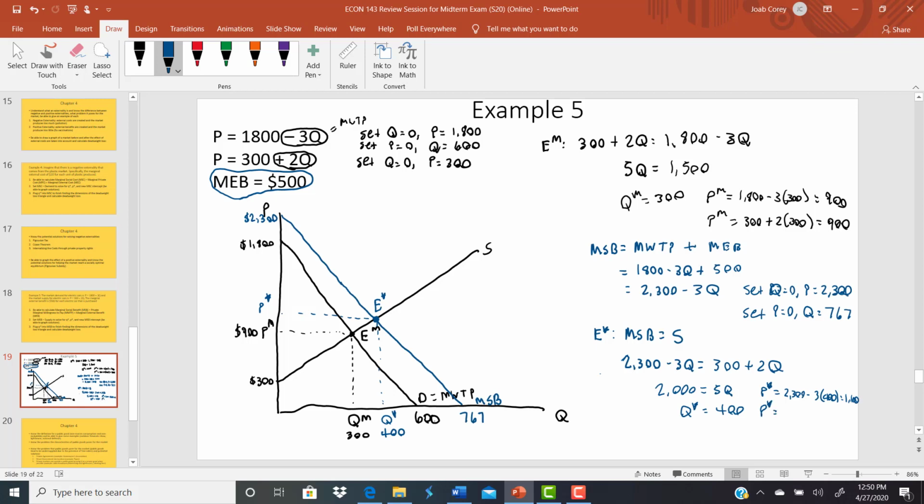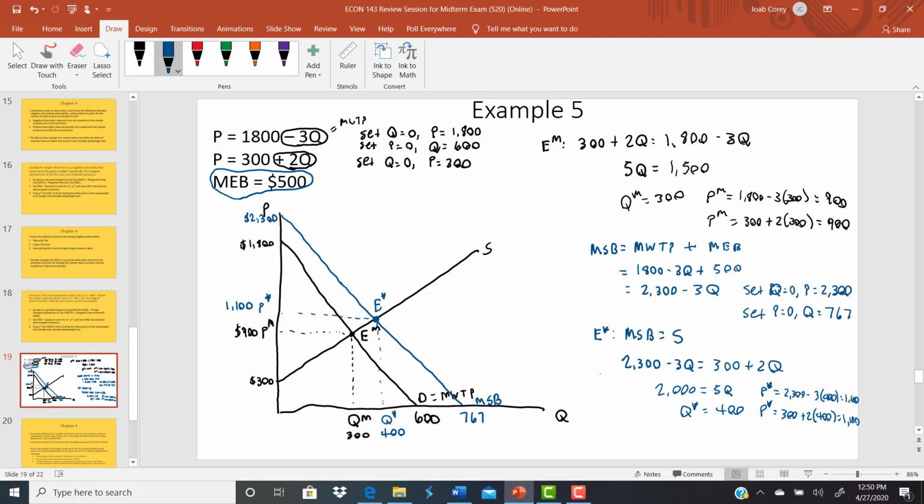Or you can plug it into your original supply equation. That is 300 plus 2 times 400, which is also equal to 1100. So 1100 is our P star, and again, 400 is our Q star.